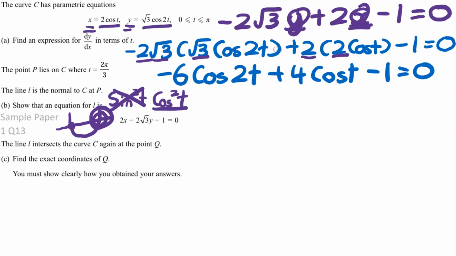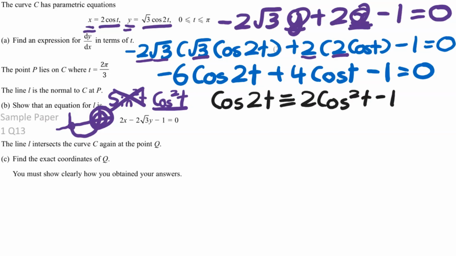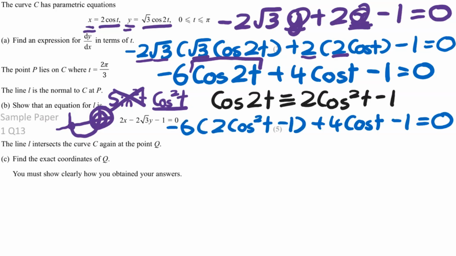The double angle formula for cos 2t in terms of cos is 2 cos squared t minus 1. If we sub this in for cos 2t, it becomes minus 6 times (2 cos squared t minus 1) plus 4 cos t minus 1 is equal to 0. Now we have an equation that only involves cos, so we can go about solving this.